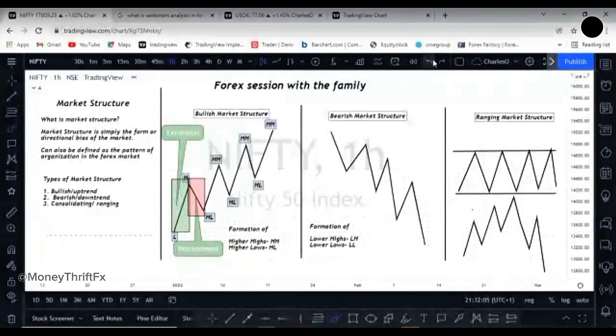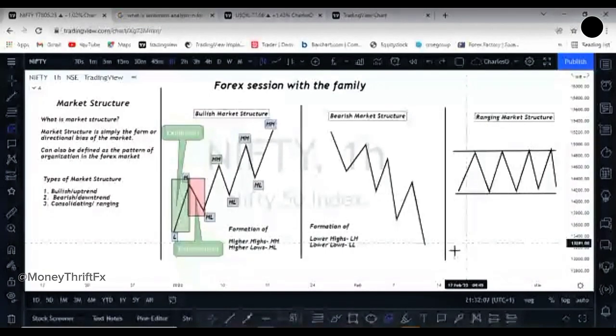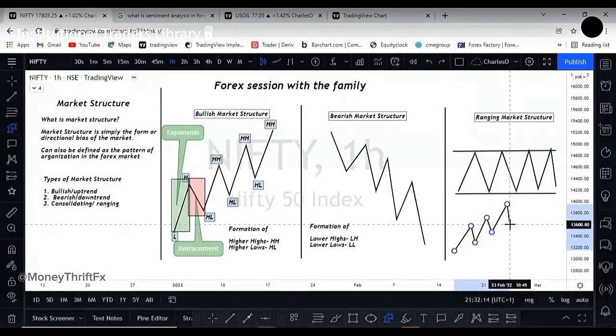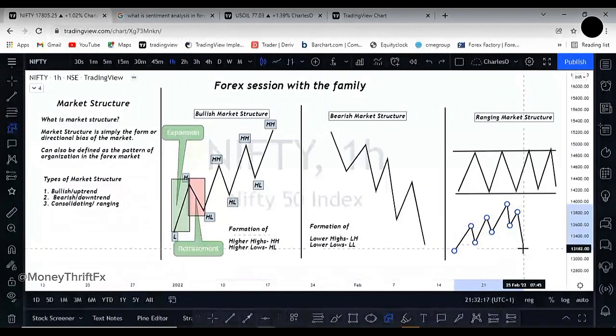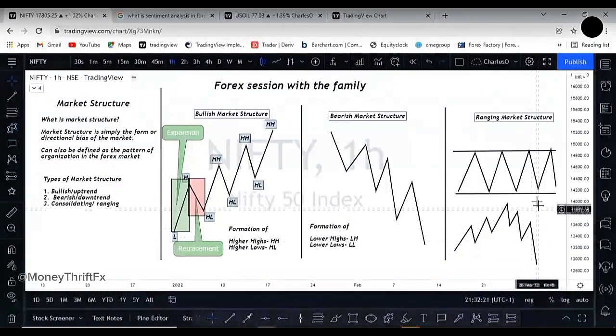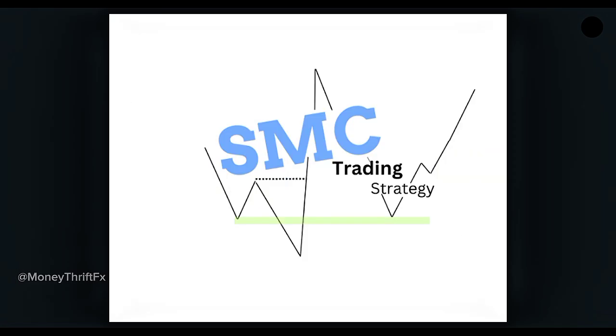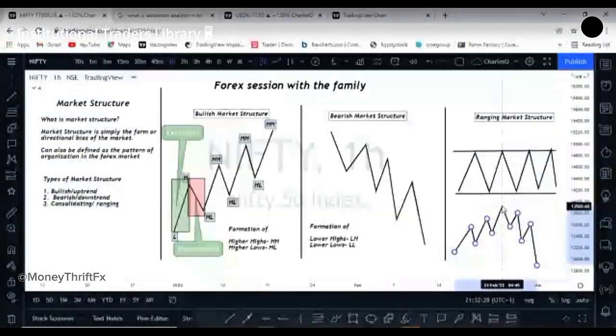It is more realistic now. You see something like this, price making higher highs, higher lows, higher highs, higher lows, higher highs, price now comes here, now comes down. Please, I'm taking this because of the assignment, so you don't make mistakes.